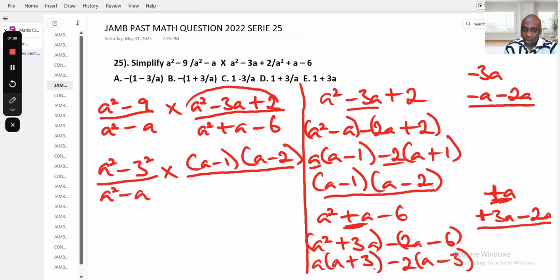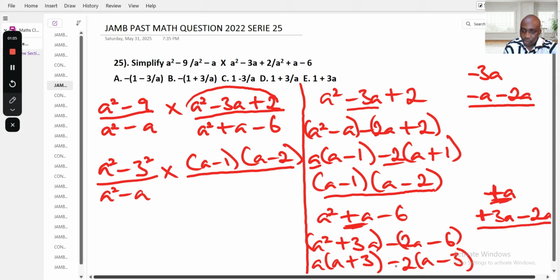Therefore, the final one that we are going to write out is a plus 3 and a minus 2.